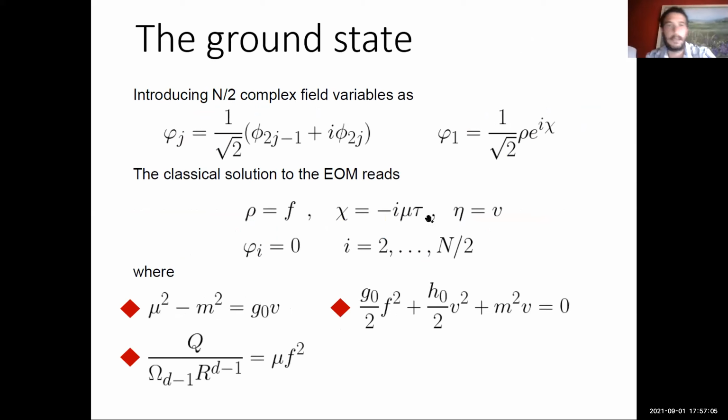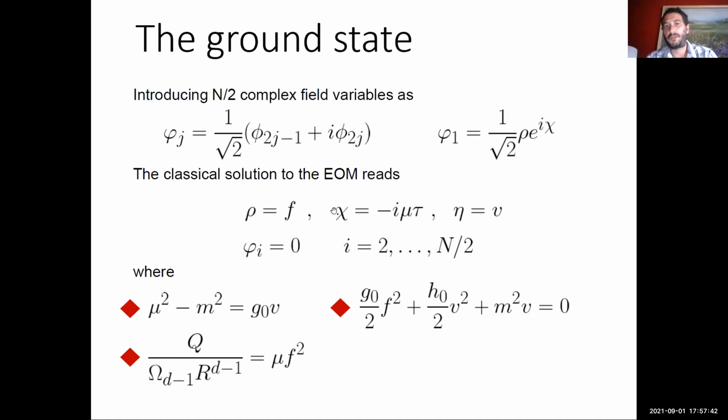Very good. We just have a look at how this ground state looks. I will not give all the details of the computation. This is better visualized using complex field variables, which can be defined as in the slide. And for the first variable associated to the charge we fix, we can use polar coordinates for the fields. The ground state is the one shown in the slide, where the radial mode of the first complex field takes a vev.